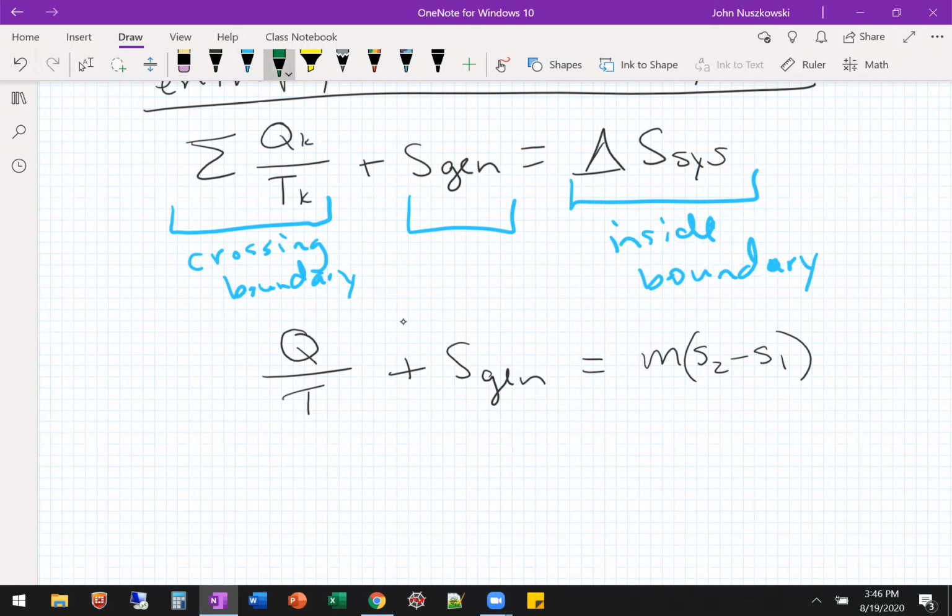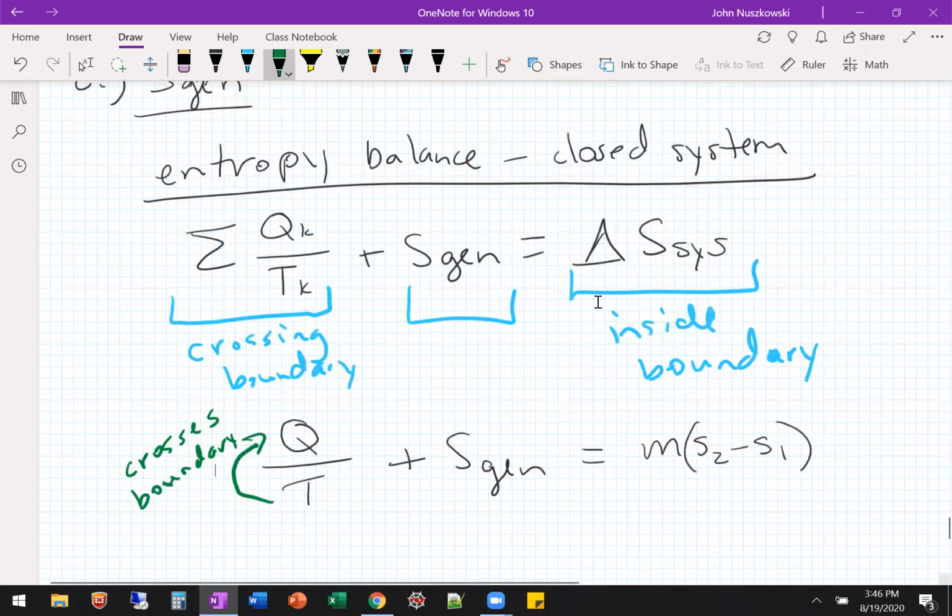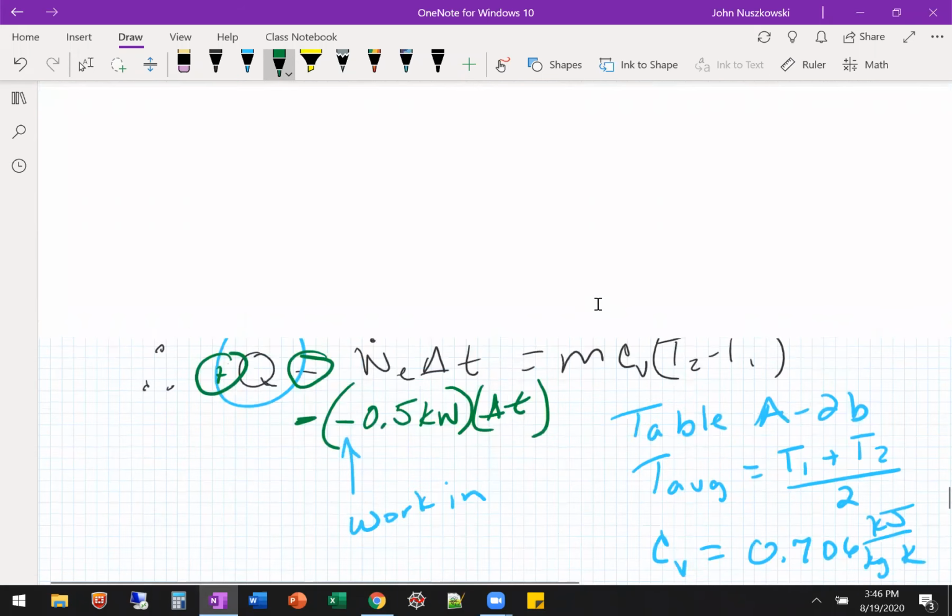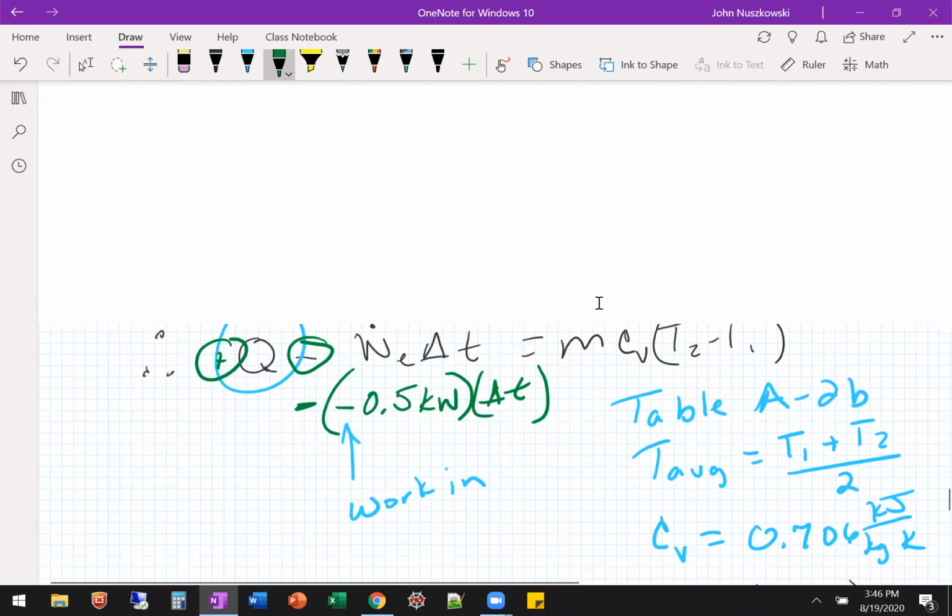Okay, so this T comes from where the heat crosses the boundary. So if we go back up to our boundary, house temp, yeah. So that's what it's going to be, or the surroundings.